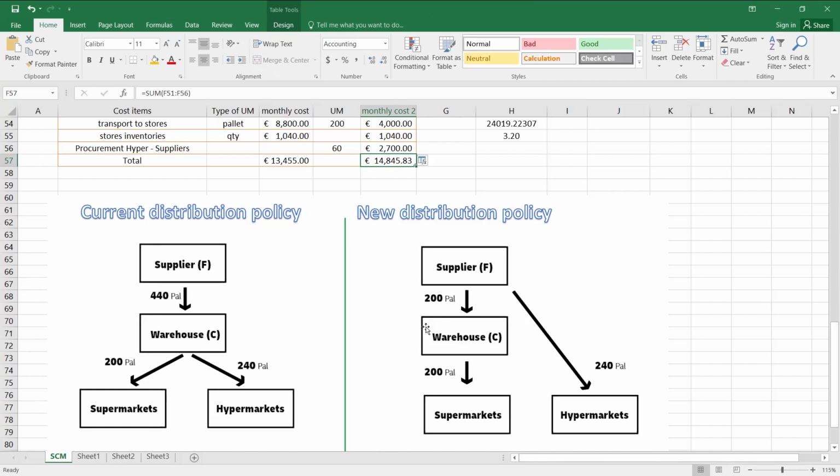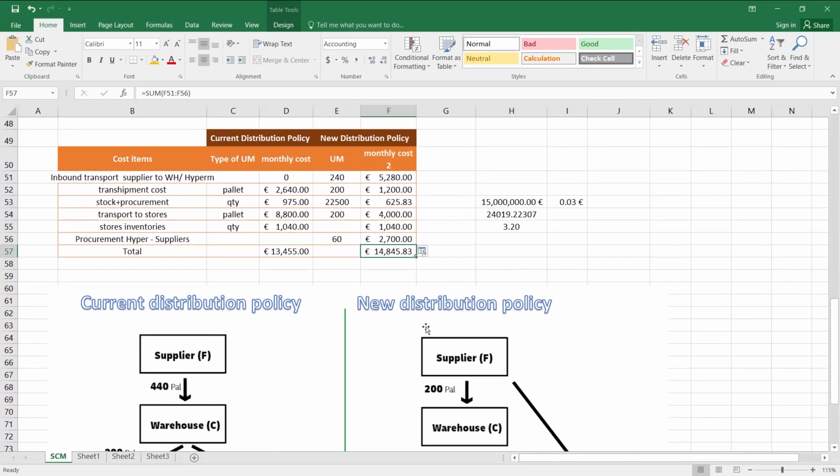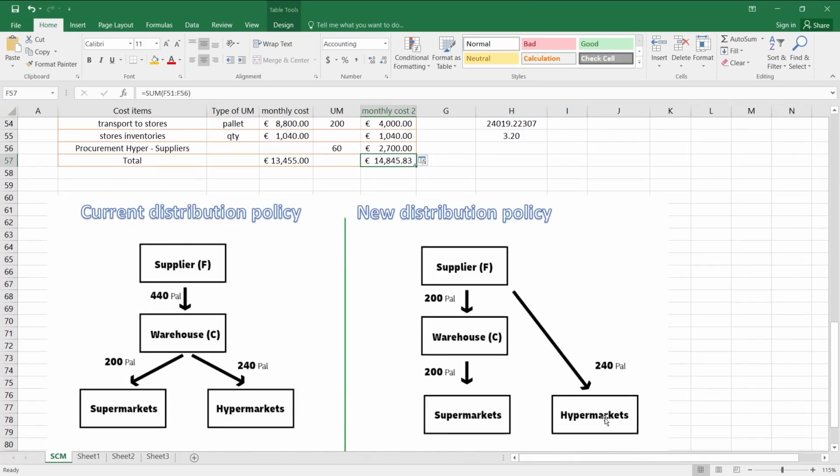But nevertheless, some other aspects can make us more inclined to choose this new distribution model, such as, for example, improving the responsiveness between the supplier and the hypermarkets. Since now in the new distribution policy, the supplier will deliver directly to the hypermarkets without going through the warehouse. We will also have the lead time improved, since once again the supplier is delivering directly to the hypermarkets.